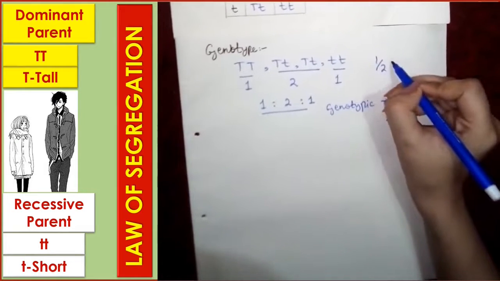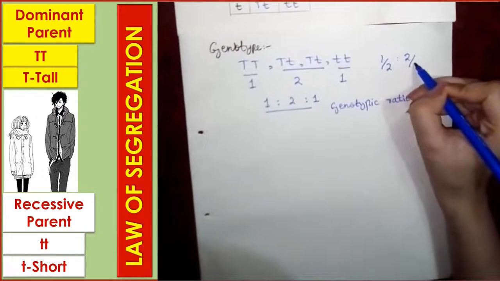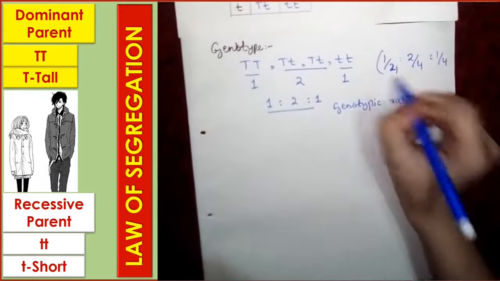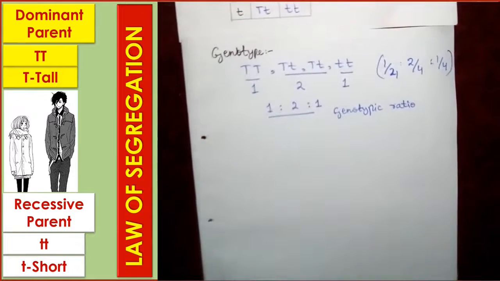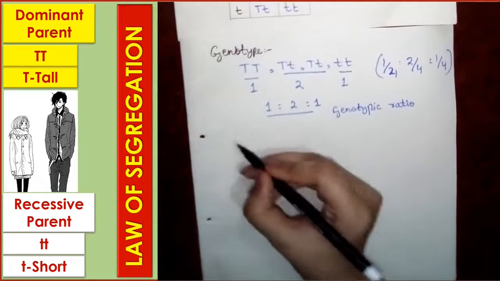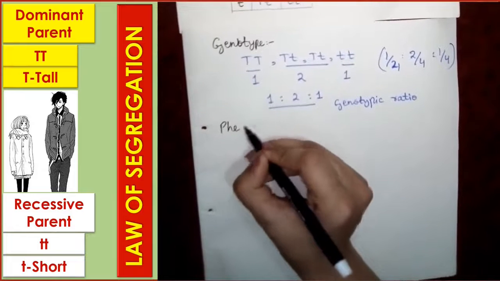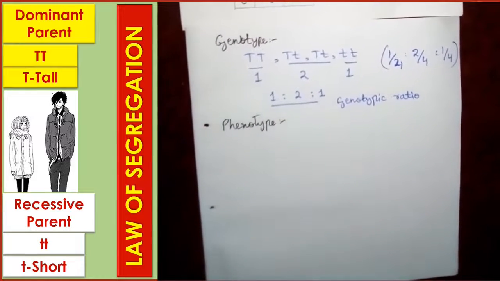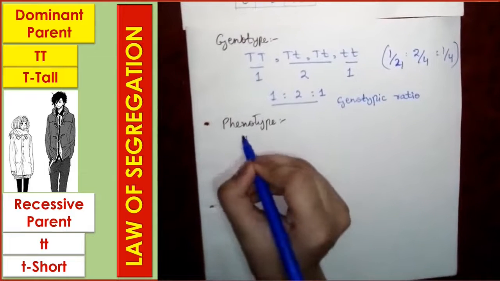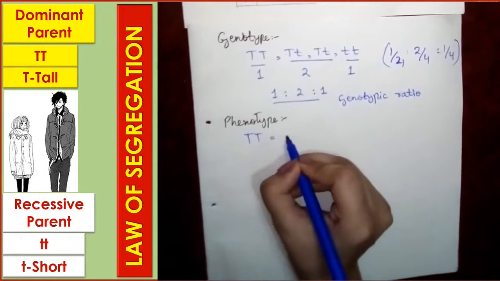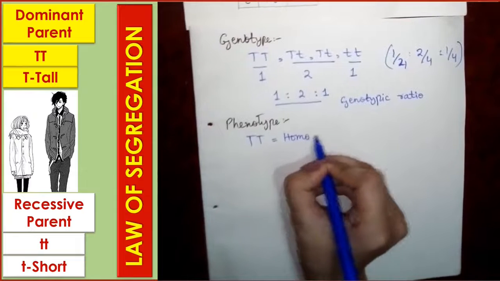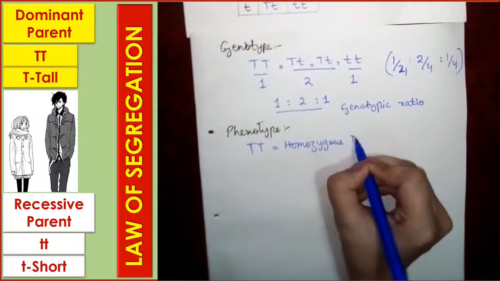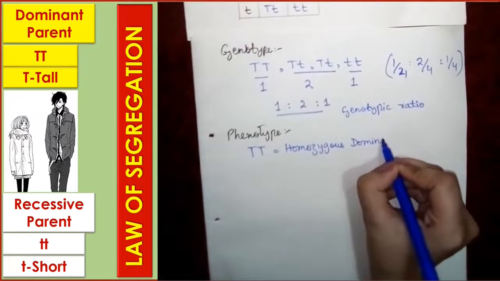In the same way, we will also express the phenotypic ratio. Phenotypic ratio means the physical appearance. This capital T capital T is homozygous dominant. So one is homozygous dominant, which means that this offspring will be tall in height.